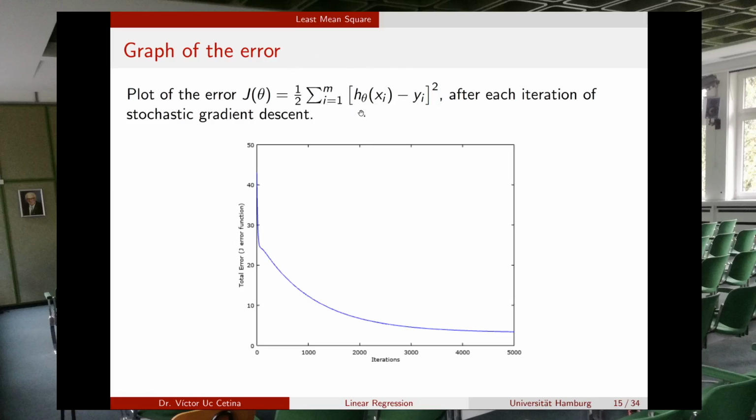That means that if you have implemented this algorithm correctly, and you plot the error of the model after each iteration, you will see that the error starts somewhere up here, and in the first steps it reduces very fast, and then keeps going down slowly up to some point where the error is not going down anymore.